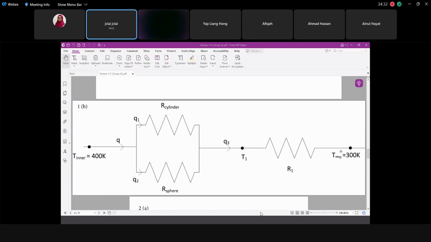So I think mine is correct because after passing through the cylinder, then it is exposed to the air, right? So through the cylinder and through the sphere. It doesn't come back to one point, then exposed to the air.